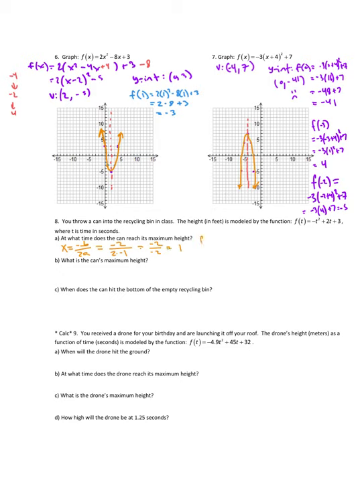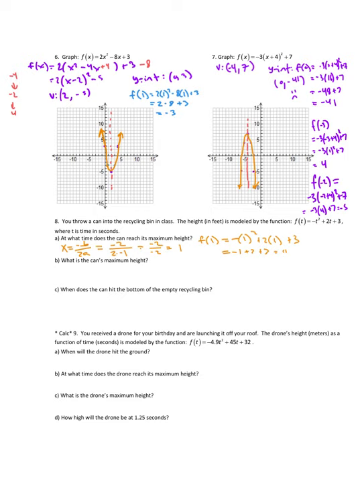And so then I do f of 1, or the t coordinate I should say, is negative 1 with the negative on the outside, plus 2 times 1 plus 3. That's negative 1 plus 2 plus 3. That's 4. So part A is at what time?